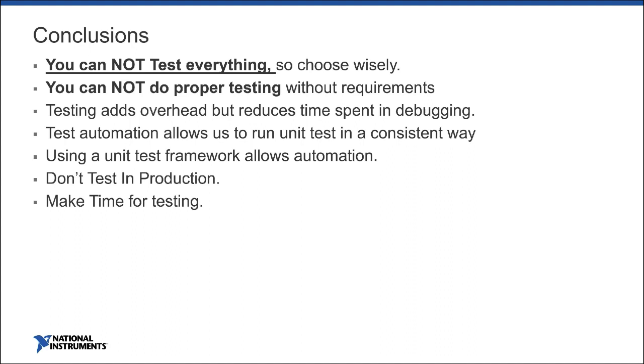Well, the other two things that are really important: don't test in production. Yes, those 4 a.m. calls when something is failing on the production line are awesome. But before that, one extremely important thing, which sometimes is not ours but the project managers', is to make time for testing. Testing time has to be accountable.